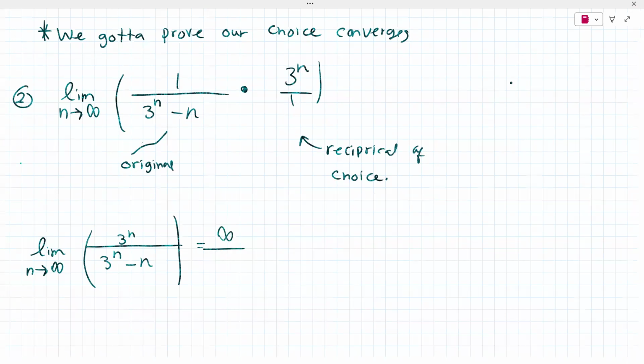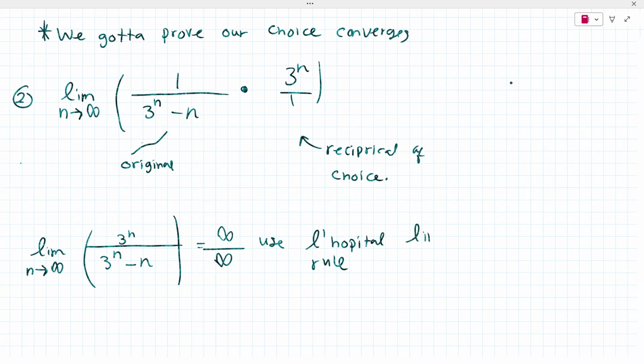The bottom is going to be infinity. And you get an indeterminate form, so you have to use L'Hopital's rule. So basically, you just take the derivative of your numerator and the derivative of the denominator, right?